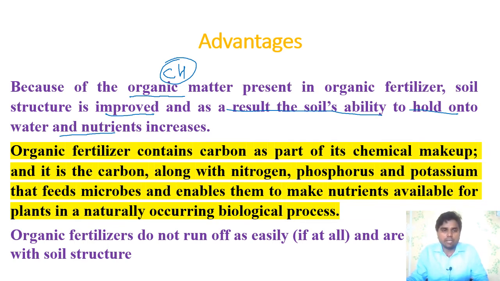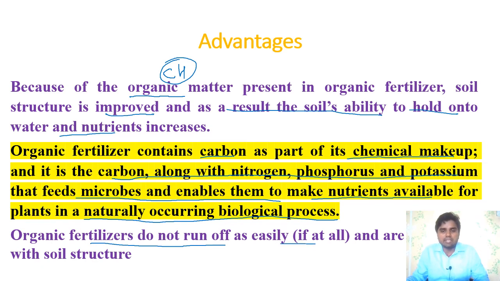Next, organic fertilizer contains carbon as a part of its chemical makeup. It is the carbon along with nitrogen, phosphorus and potassium that feeds microbes and enables them to make nutrients available for plants in a naturally occurring biological process. Organic fertilizers do not run off as easily and bind with soil structure.